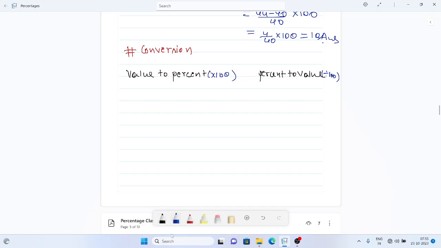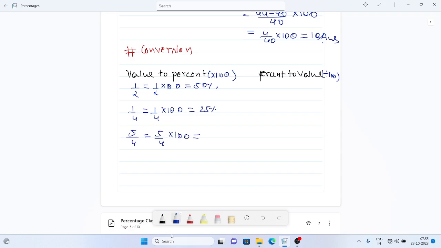So I take some values. The first one is 1 by 2. If I want to convert it into percentage, I write 1 by 2 into 100, so it is 50%. Similarly, if I take 1 by 4, it is 1 by 4 into 100, so it is 25%. More examples like 5 by 4: 5 by 4 into 100, you have to multiply by 100.